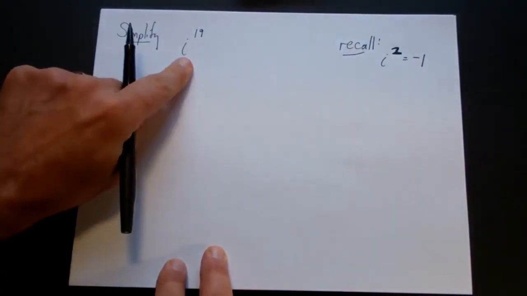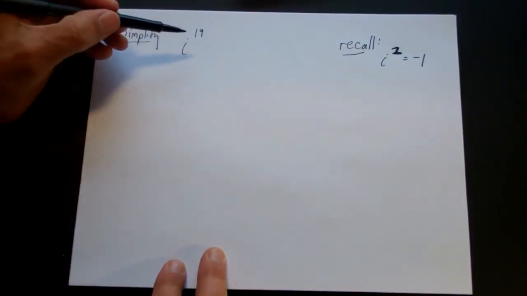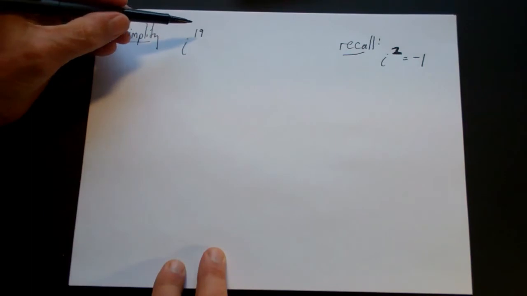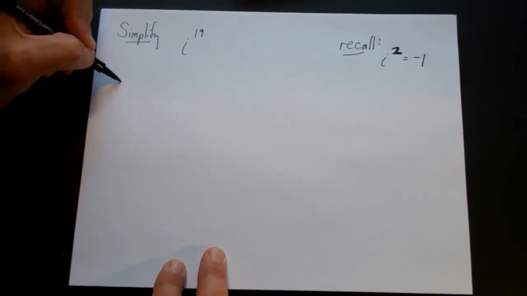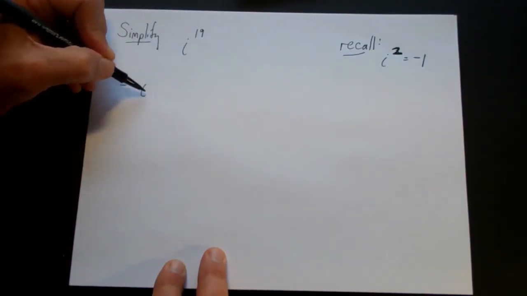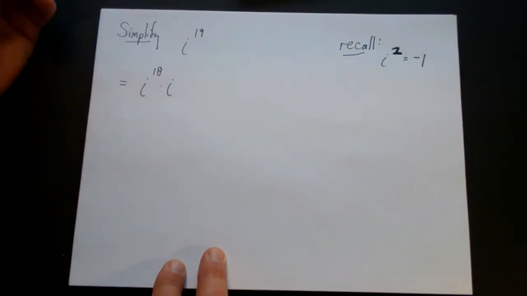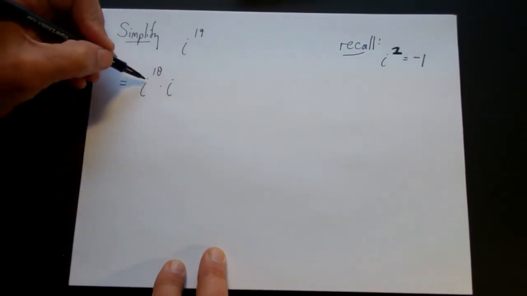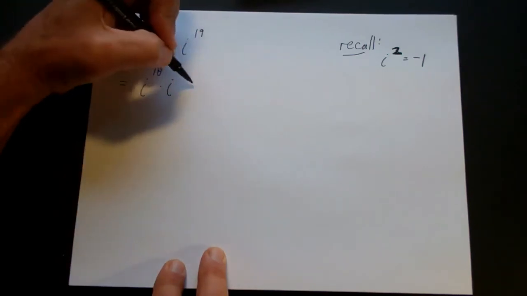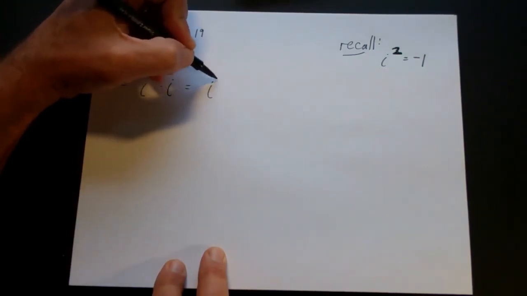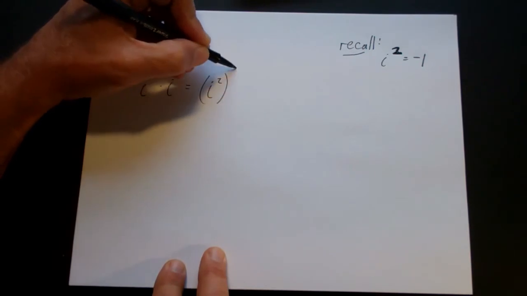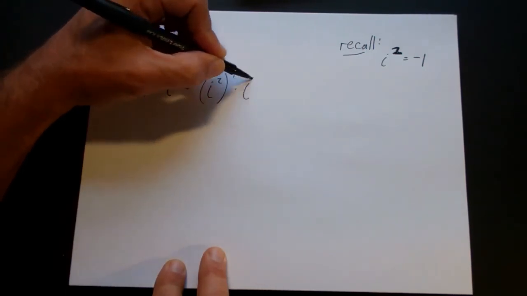So let's rewrite this in terms of I squared. 2 goes in 18 nine times, so we can rewrite that as I to the 18th times I. I to the 18th we can rewrite as I squared raised to the power of 9, times I.